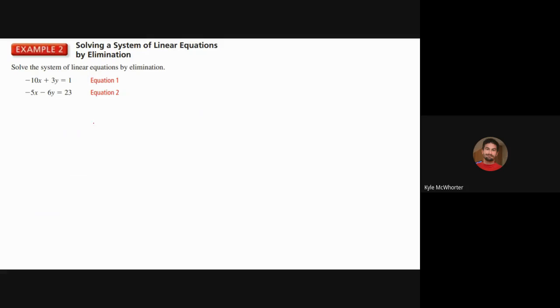Now, take a look at this equation. Look at the variables. I'll line up my x. I have a -10 for this coefficient, a -5 for that coefficient. Look at my y's. I have a -6 for this coefficient and a +3 for that coefficient. So here are my options.